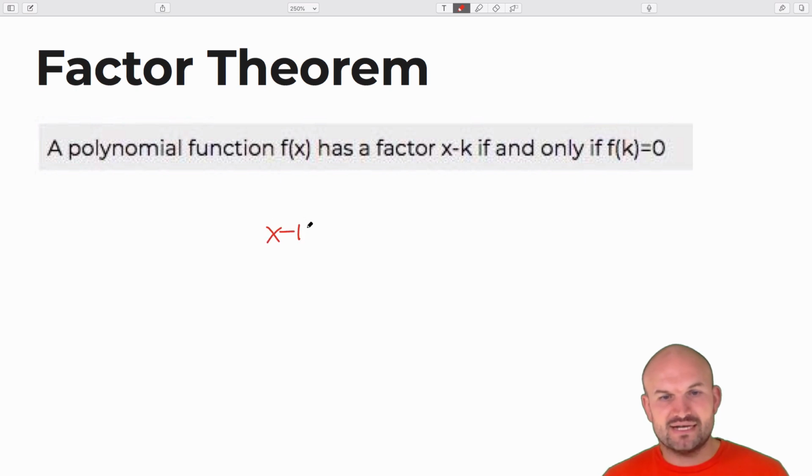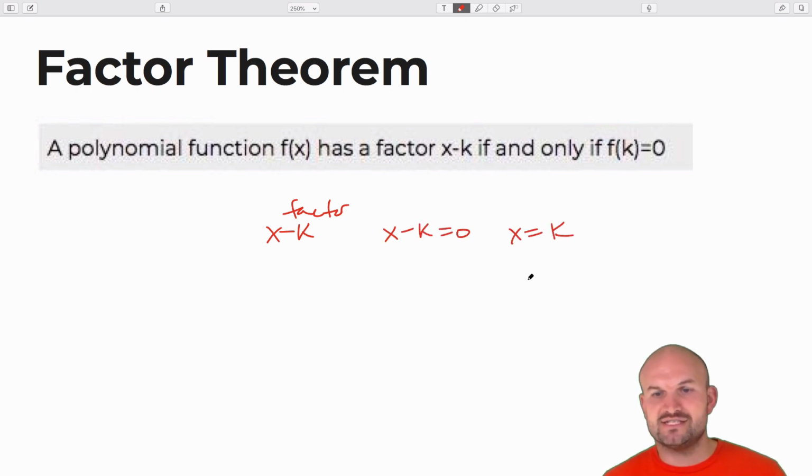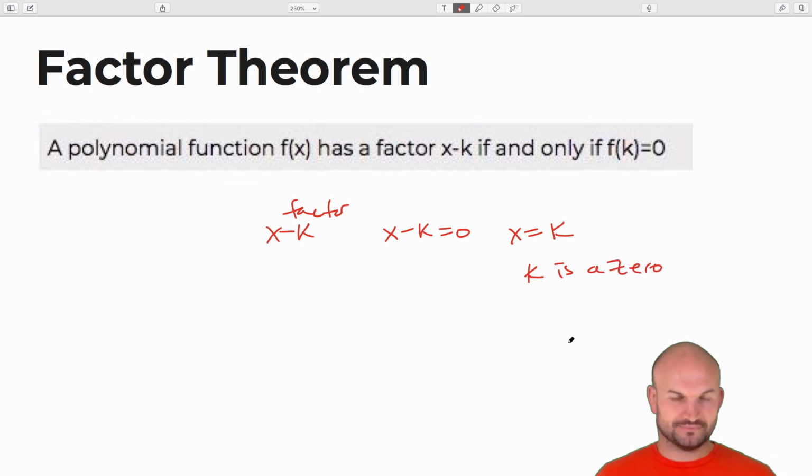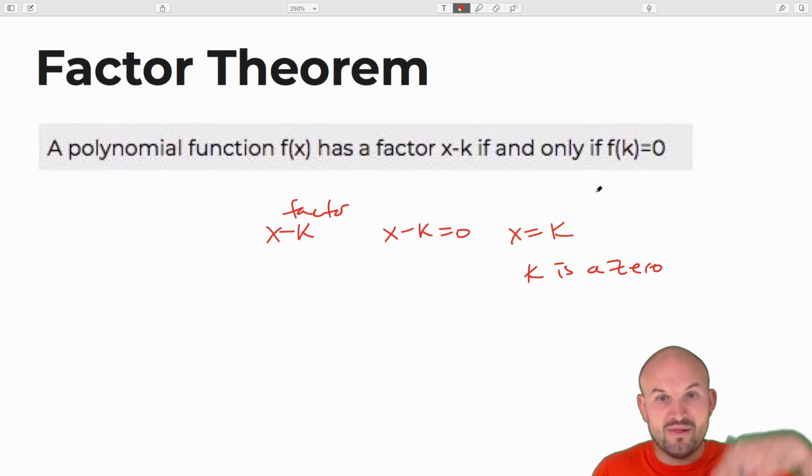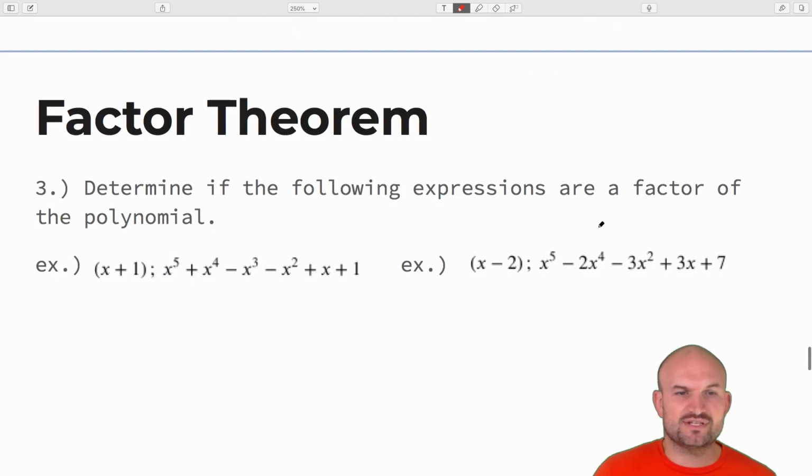Well, if x minus k is a factor, then x minus k equals 0 gives us x is equal to k. So k is a zero, or what we call a potential zero. And again, if you plug that value k into your function and you get 0, then that tells you it's a factor. So let's go ahead and see how this would work out.